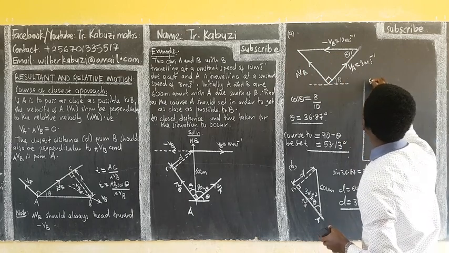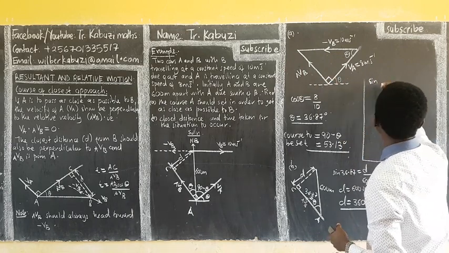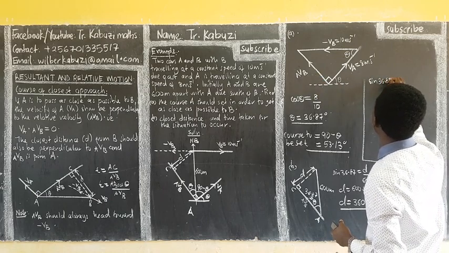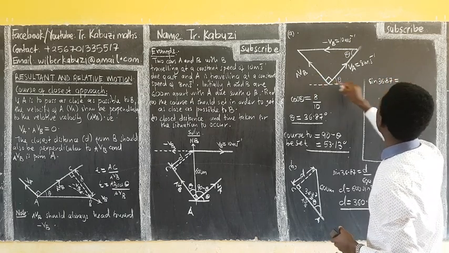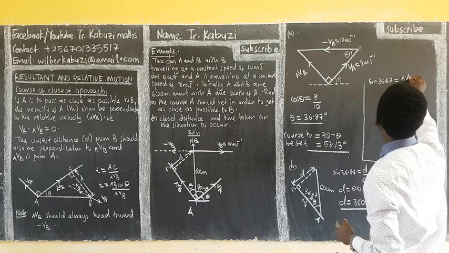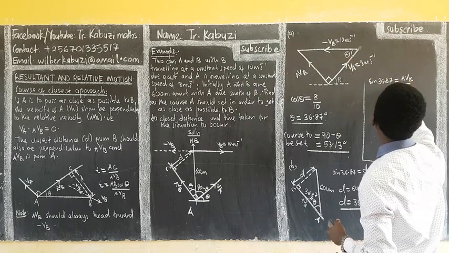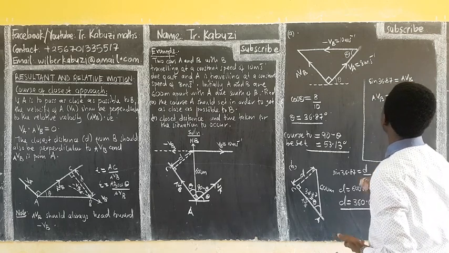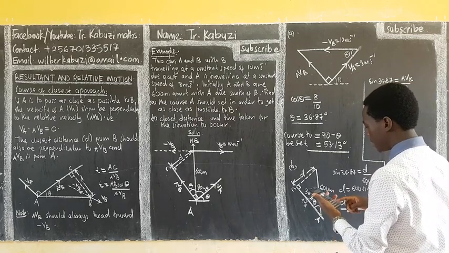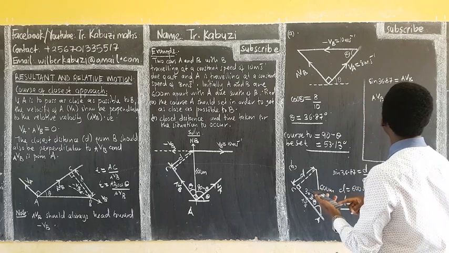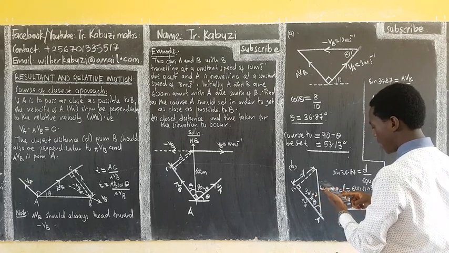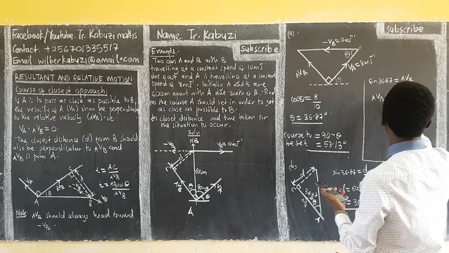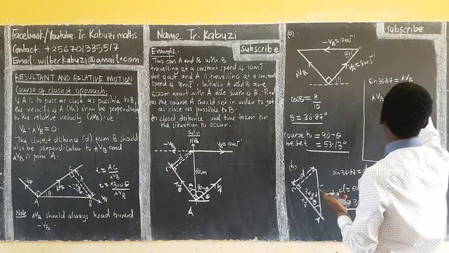So now my sine of 36.87 is equal to the opposite AVB over the hypotenuse, which is 10. So from there, my AVB is going to be 10 sine 36.87, which is 6. It's giving me 6 meters per second.